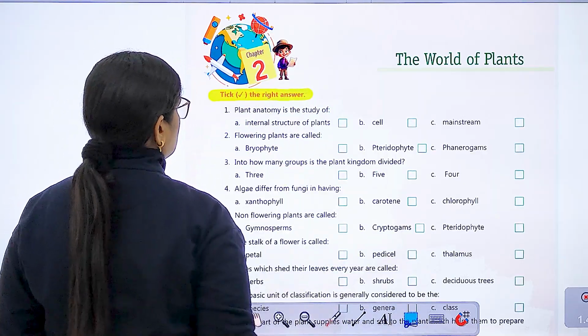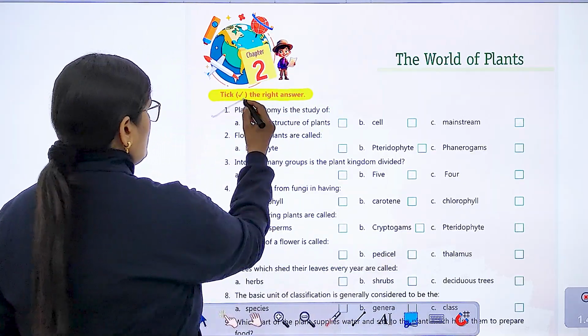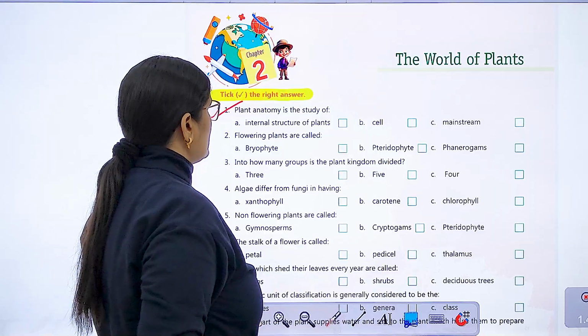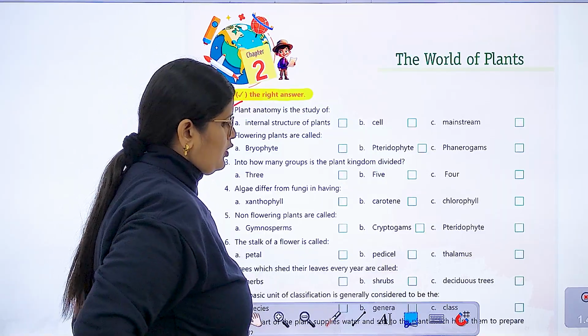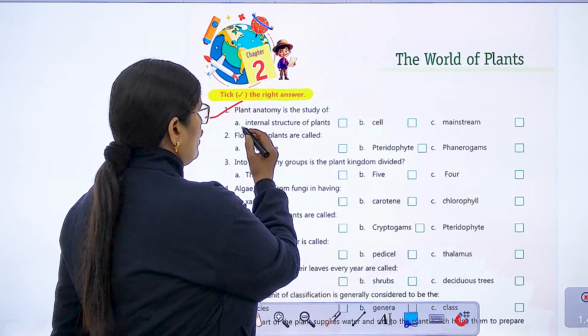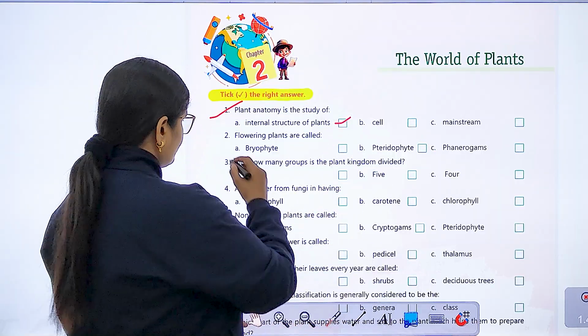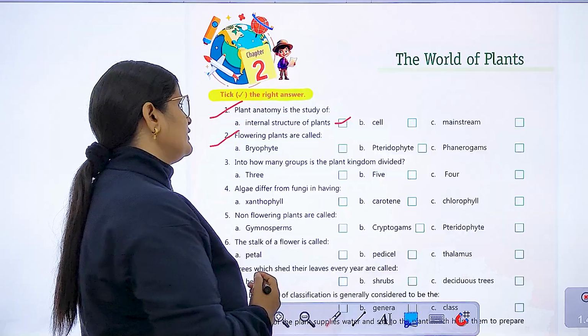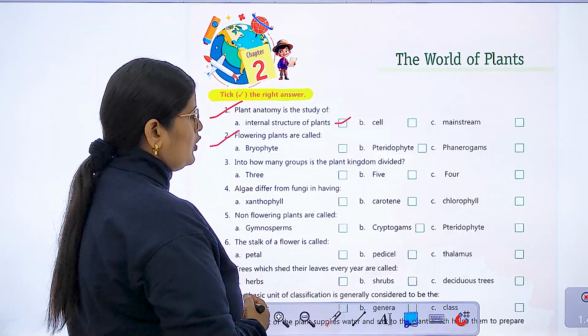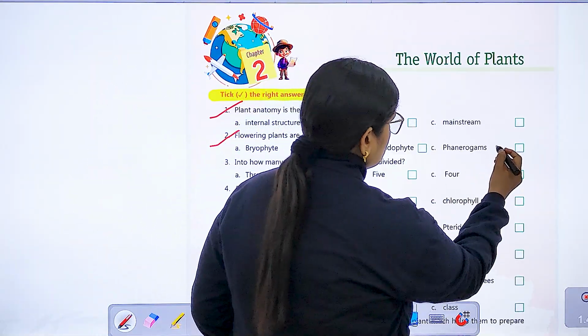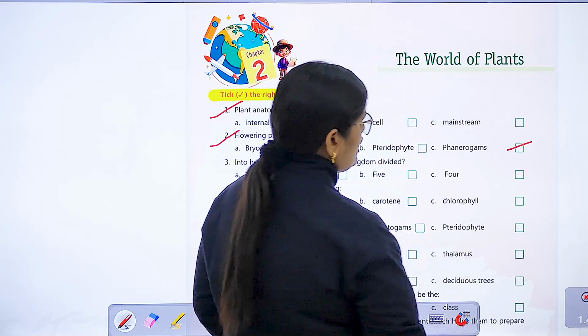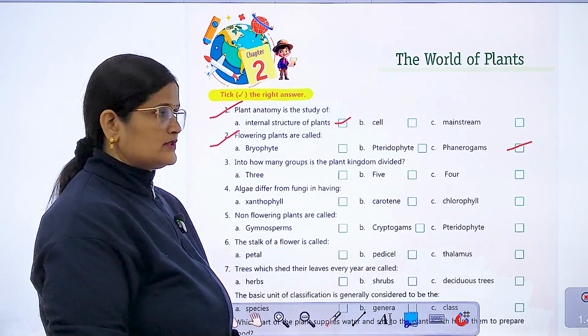Take the right answer. Number 1, plant anatomy is the study of option A, internal structure of plants. Number 2, flowering plants are called phanerogams.